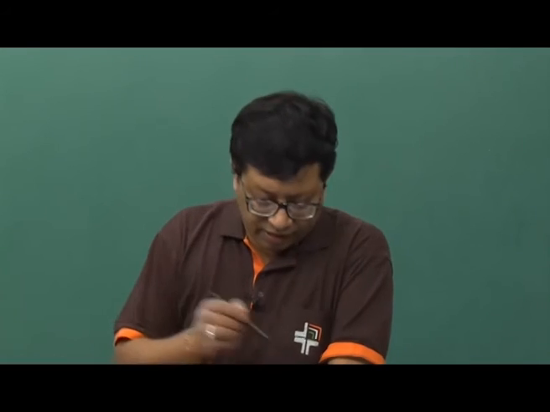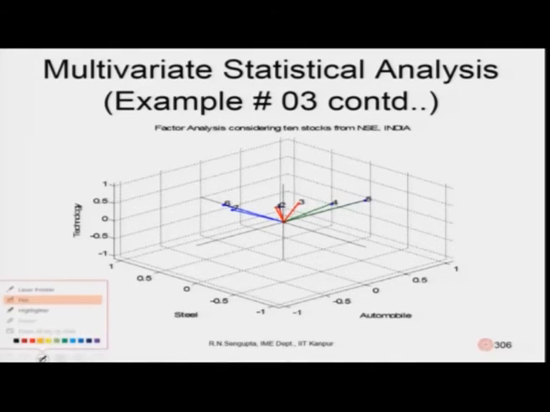So, this is the factor analysis which I do. Let me highlight. 1, 2, 3, which is the auto sector, are moving in tandem in this direction, while 4, 5, which is the steel sector, are moving in this direction. The angles would be important later on.